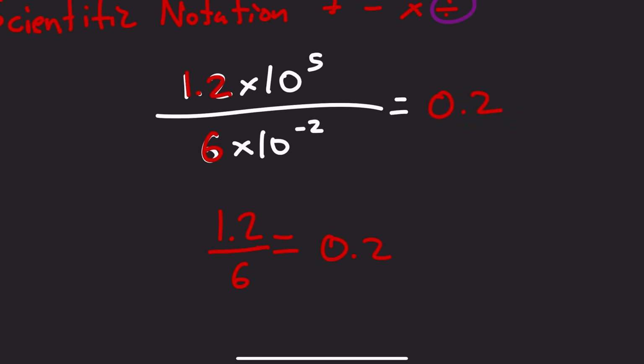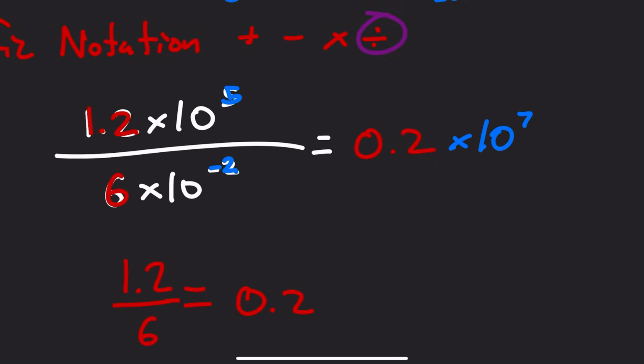And then we know when we divide exponents, we subtract the exponents. So it's going to be 0.2 times 10 to the 5 minus negative 2. What is that, guys? It's basically 5 plus 2, which is 7, so 10 to the 7th power. But again, we need to check if our number is in scientific notation.